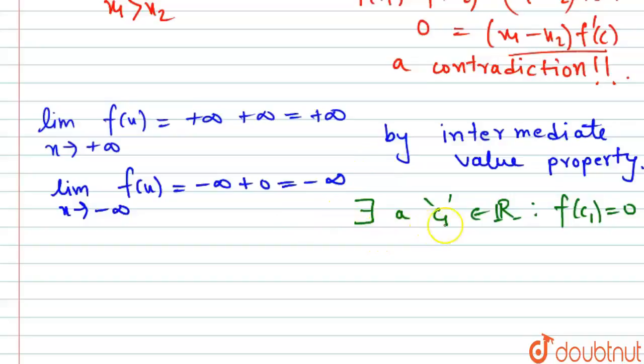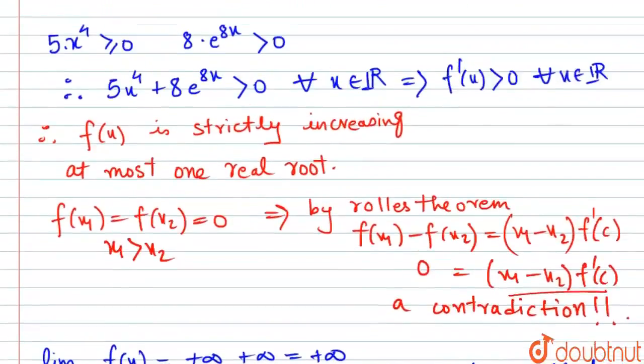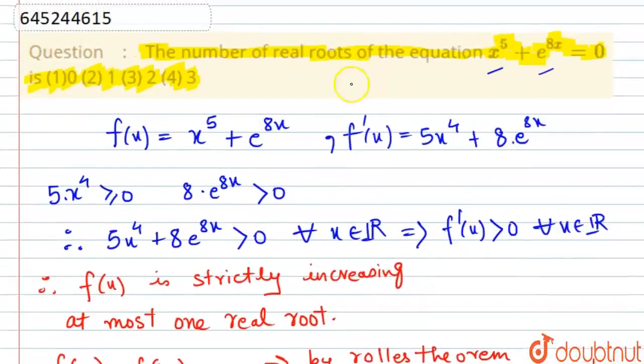So there exists a c1 such that f has a root, and we have just shown that it can have at most one root. So f(x) has exactly one real root. This completes the question. Second option is the correct one.